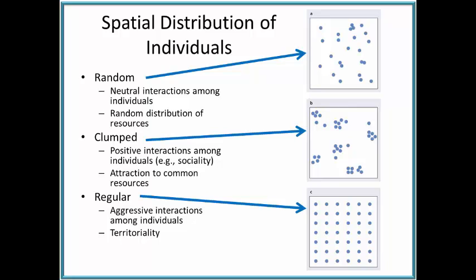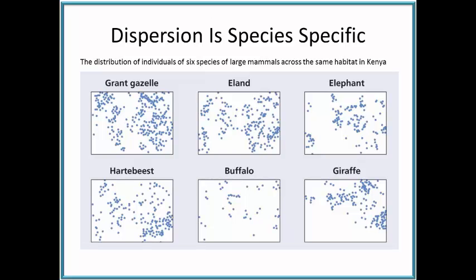I'll tip you off, since this isn't a mystery. Clumped is typically the most common type of distribution of individuals. Probably the rarest would be regular, with random falling somewhere in between. But again, it's species specific.